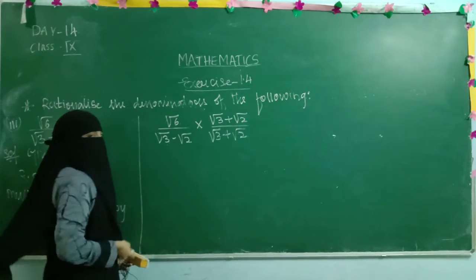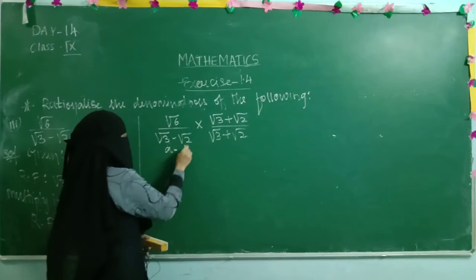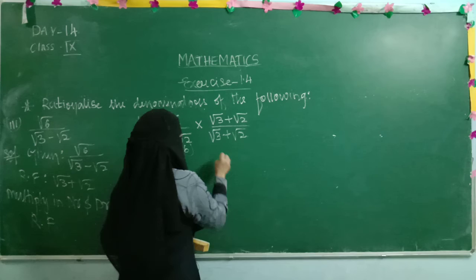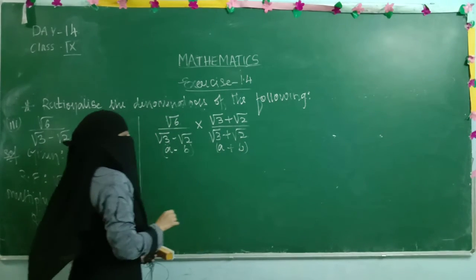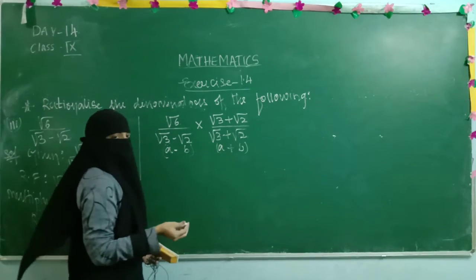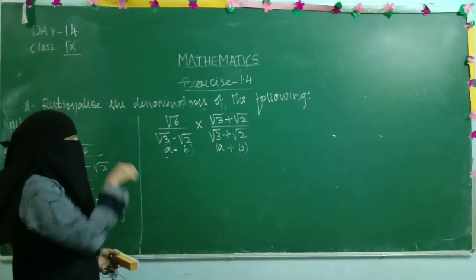Now numerator with numerator we need to multiply. Here you are finding this is a minus b, this is a plus b. So we have a law: a minus b into a plus b is nothing but a square minus b square.